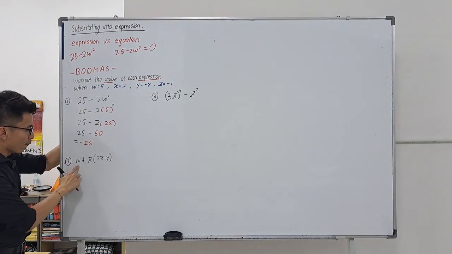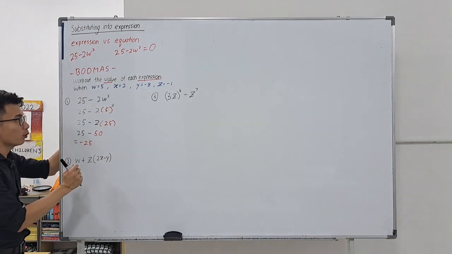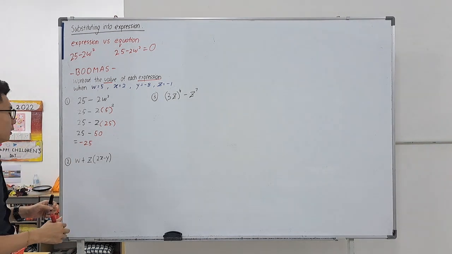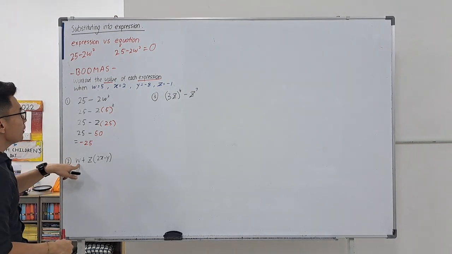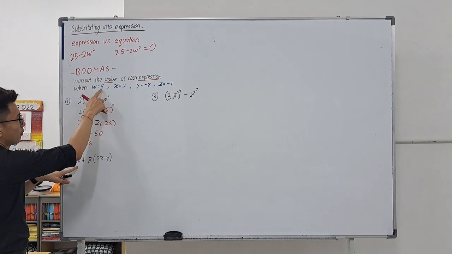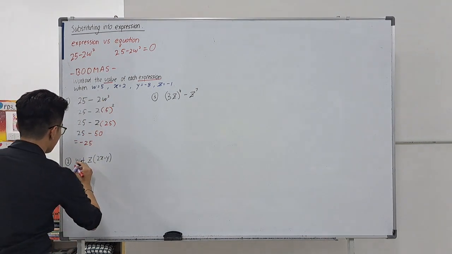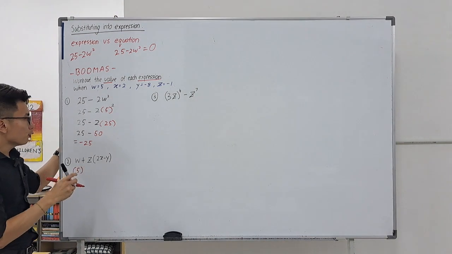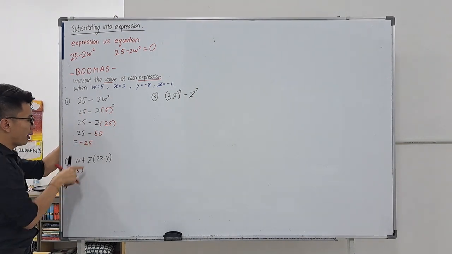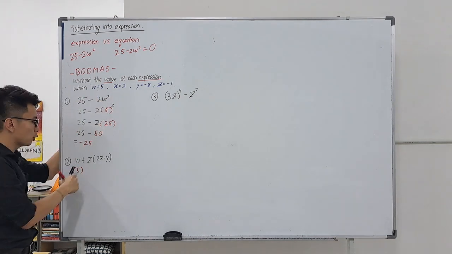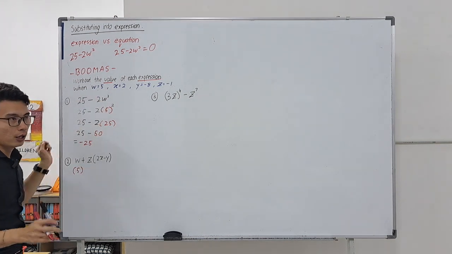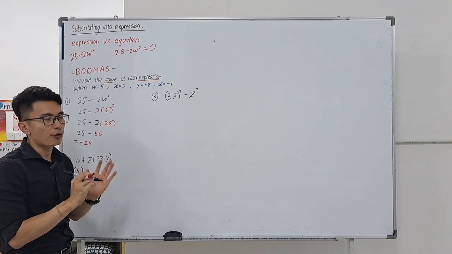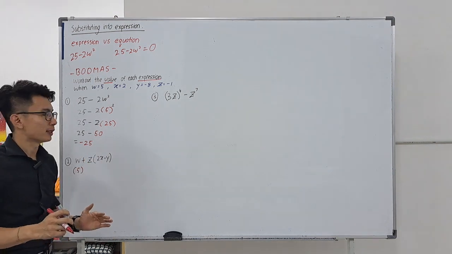Now the next question, I have more unknowns over here. So I'm going to substitute them in. I have my W, that's going to be my 5, so I'm going to put that in. Now if you notice here, when I'm substituting the numbers into the unknown, I always put a bracket. Putting a bracket is always the safest way to prevent you from making any sort of careless mistakes.